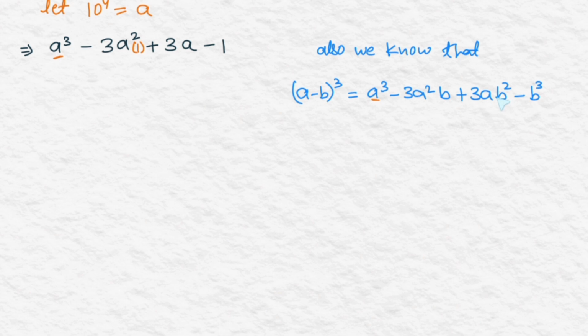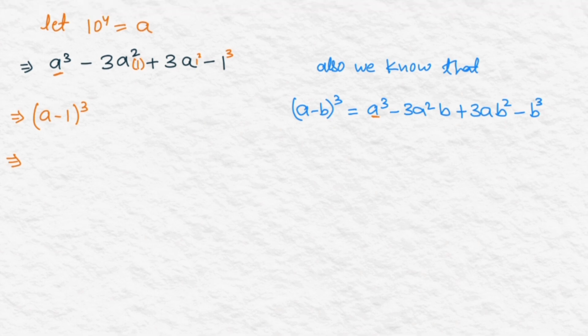We know that the value of b is 1, so here it is 1 square, and then minus 1, and here it is b cube, which means 1 cube. Now we know that a is a and 1 is b. So we can write this equation in the form of a minus b, which is a minus 1 whole cube.